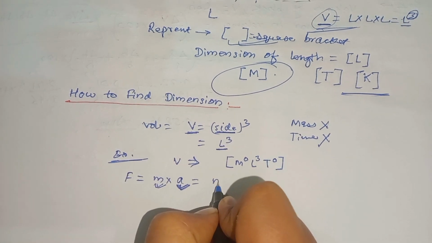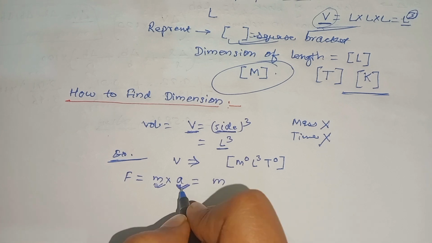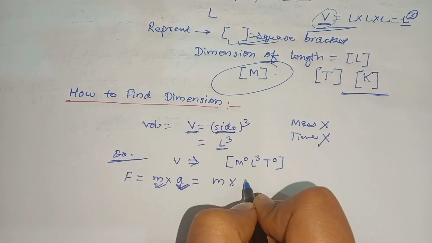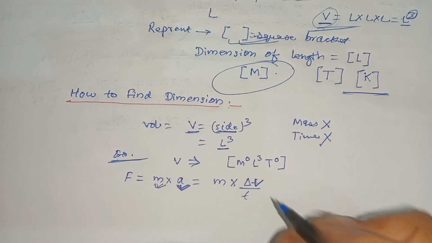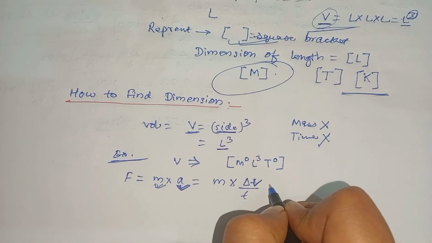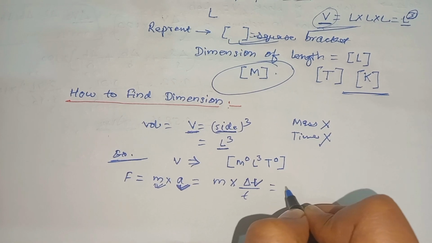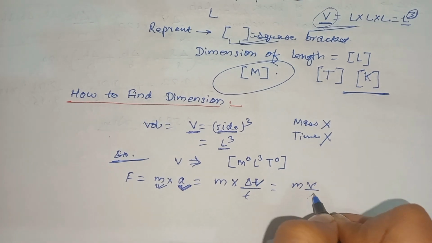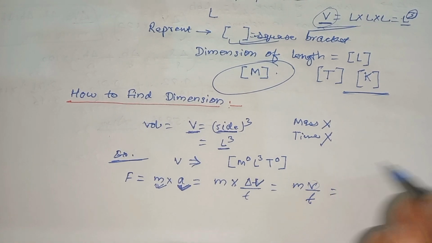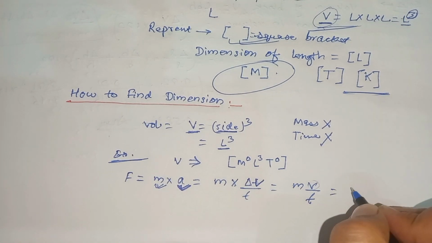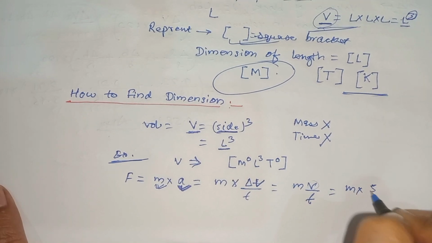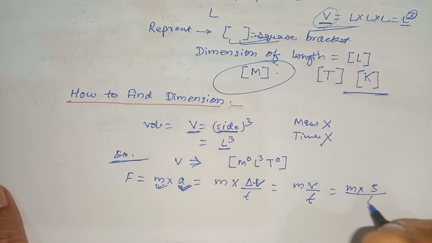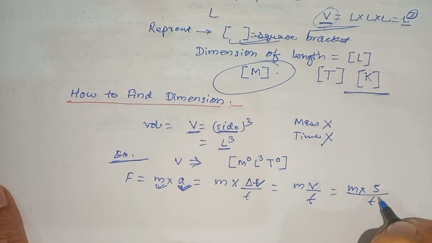Mass is left as it is, and acceleration is change of velocity by time, delta v by t. So you can write it as m v by t. Velocity is also a derived unit, so velocity will be changed once more: mass into distance s by time. One time and one time more, so it is t square here.